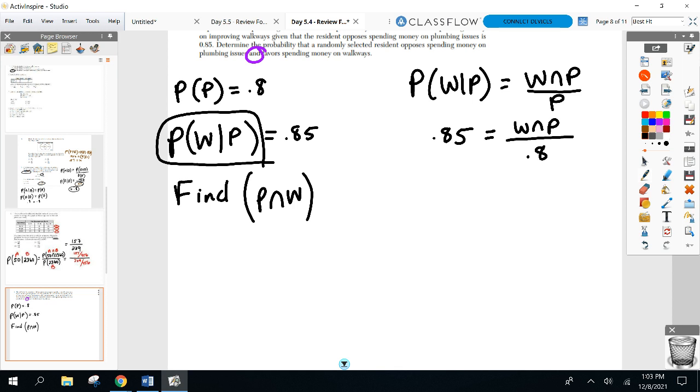I thought I was right at the beginning using the AND formula, but this is totally useless. There's no way I'm finding W. So I used another formula that was given. How do you know which one to pick? Trial and error. One of them you're going to have enough information for, the other, no shot. Then I just cross multiply.